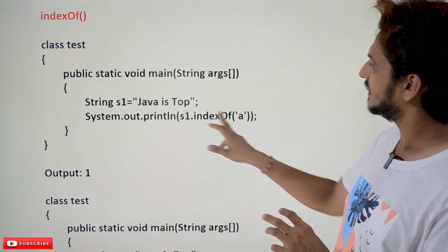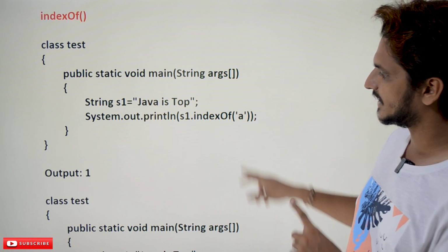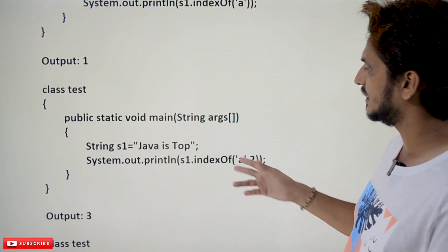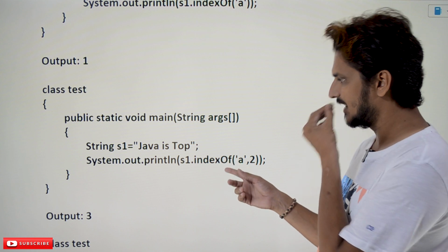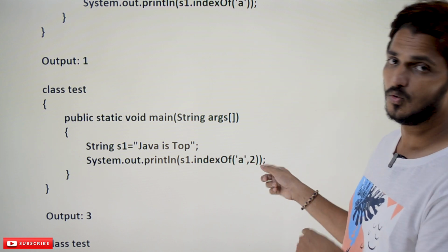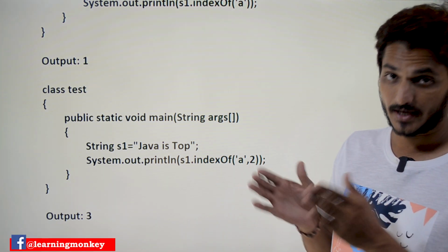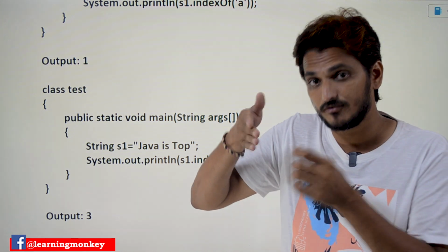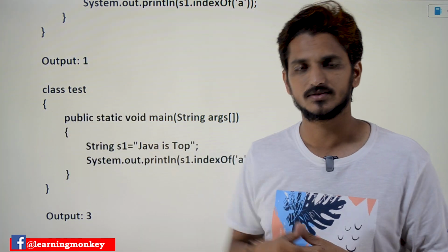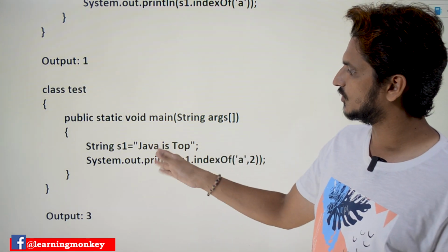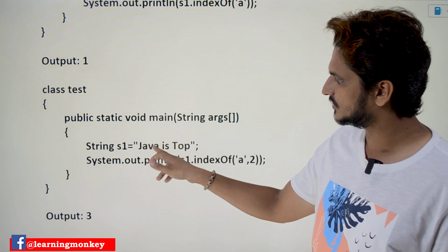Not only this indexOf method sending the character, one more overloaded indexOf method is also available here: s1 dot indexOf A comma 2. This second argument, 2, is the starting index from where you have to search. This is the 0th position, first position, second position.